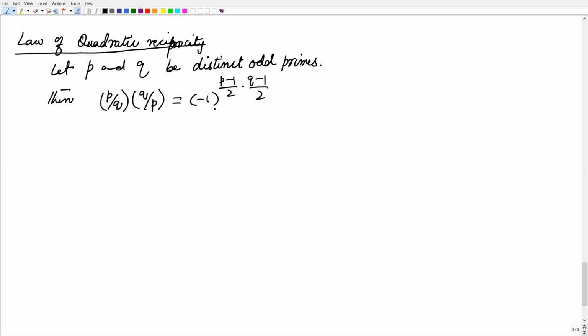So this is called the law of quadratic reciprocity, and this law has many applications to compute the Legendre symbol.